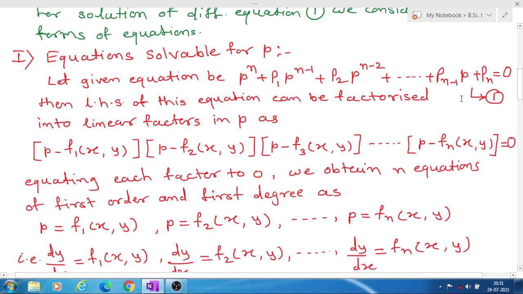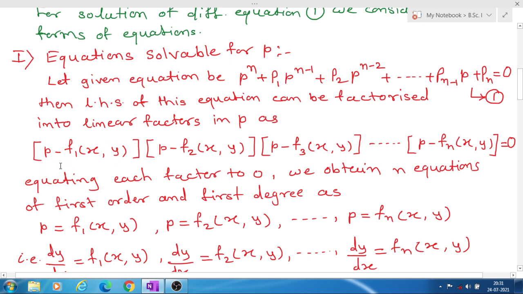This is equation number 1. Now the LHS of this equation can be factorized into linear factors in p. Since this is a polynomial in p, we can factorize it.